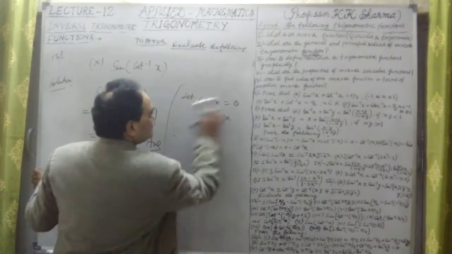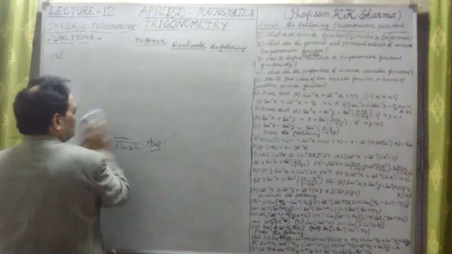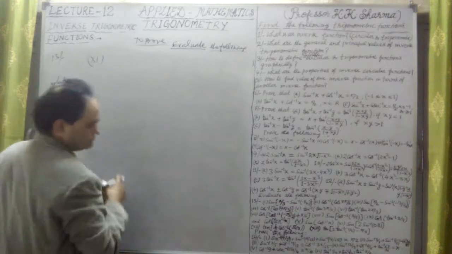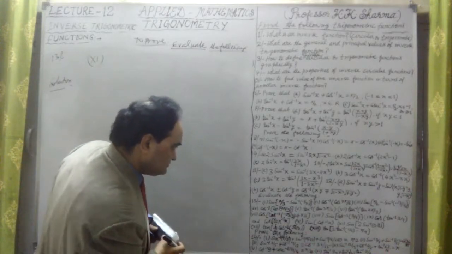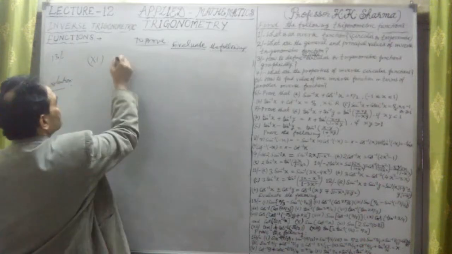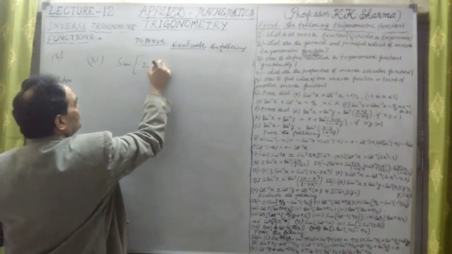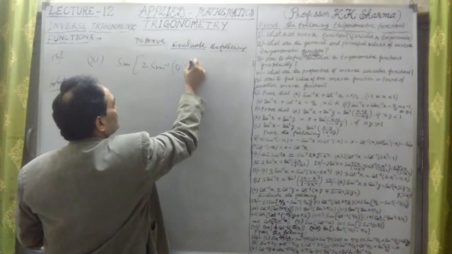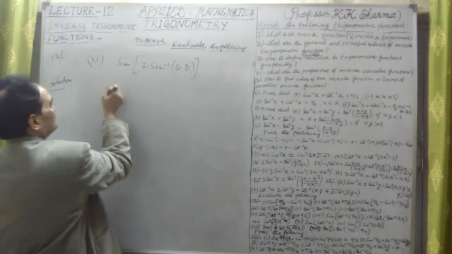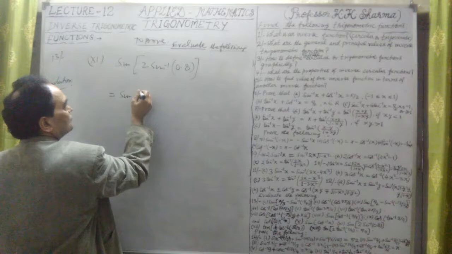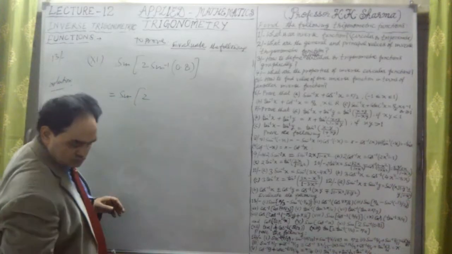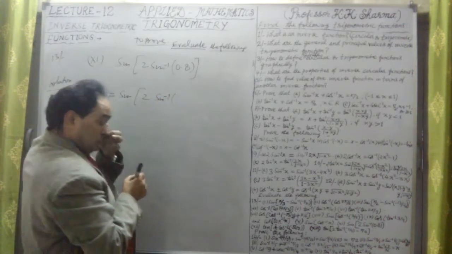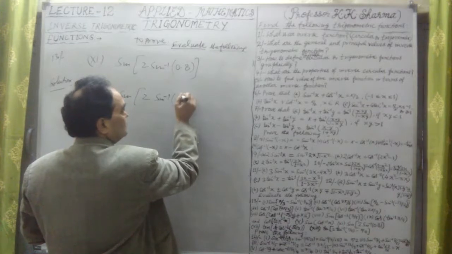Okay, let us take the 11th part. There are 13 parts in question number 13. Now the 11th part is sine of 2 into sine inverse 0.8. 0.8 can be written as 8 upon 10, that is 4 by 5.